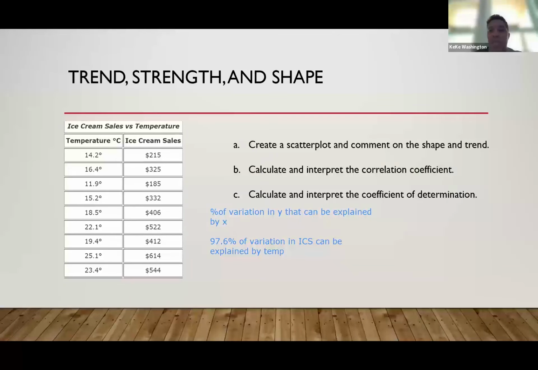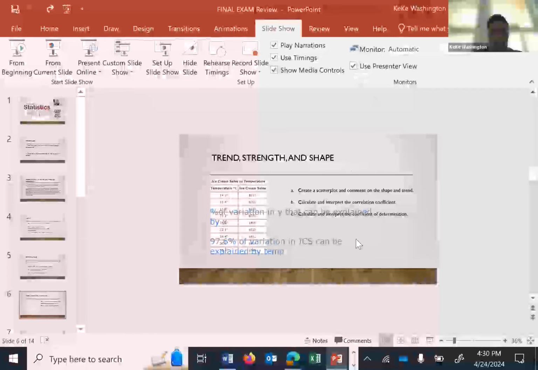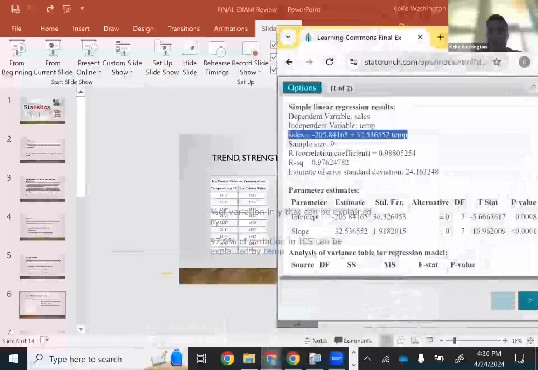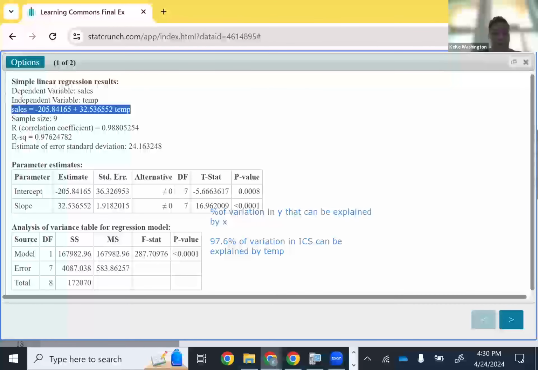So let's go back and get that formula, the regression.